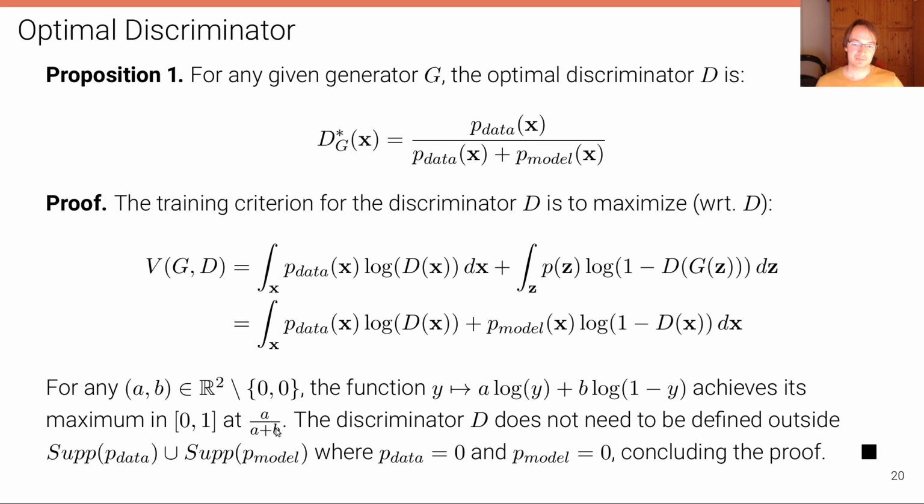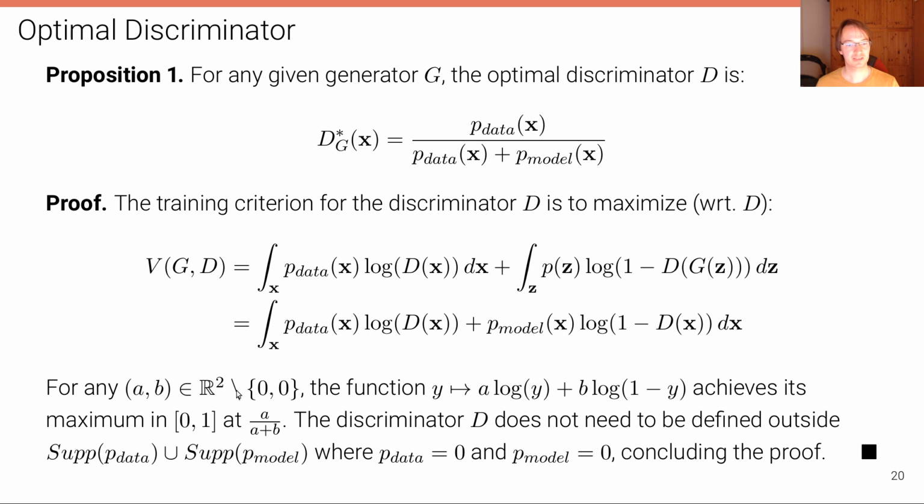And the second piece of information is that the discriminator D does not need to be defined outside the union of the support of the data distribution and the support of the model distribution, where both the probability according to the data distribution and the probability according to the model distribution are 0.